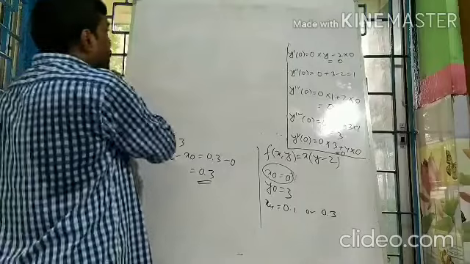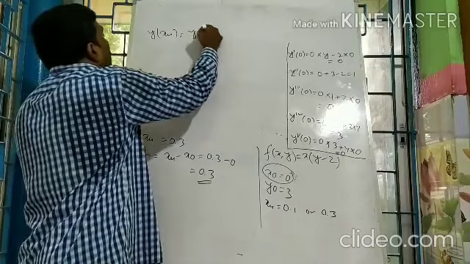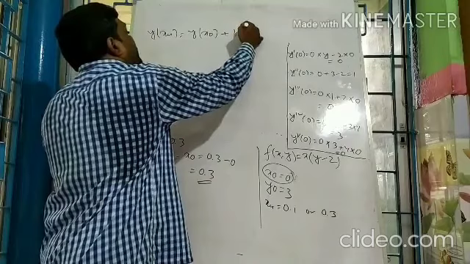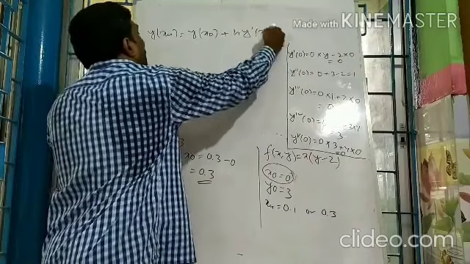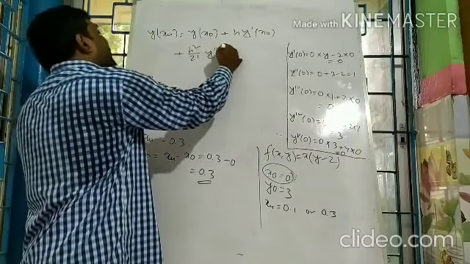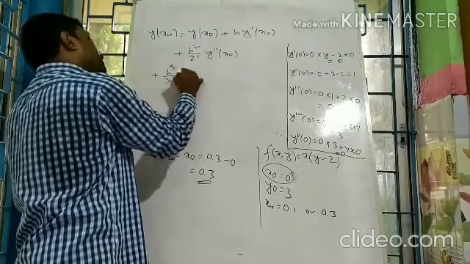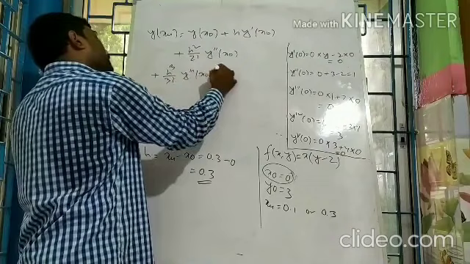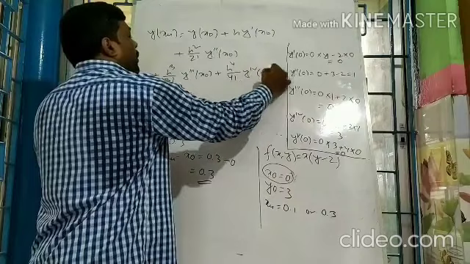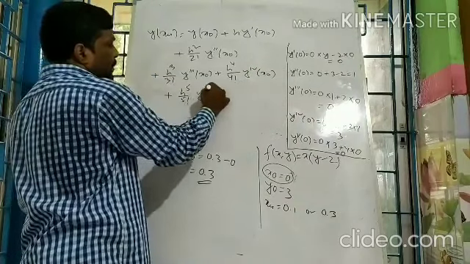Now we know that y(xn) is y(x0) plus h y'(x0) plus h square by 2 factorial y''(x0) plus h cube by 3 factorial y'''(x0) plus h to the power 4 by 4 factorial y4(x0) plus h to the power 5 by 5 factorial y5(x0).